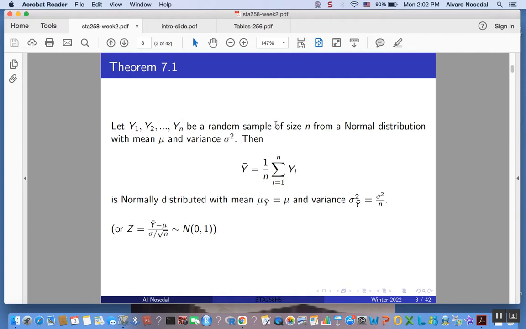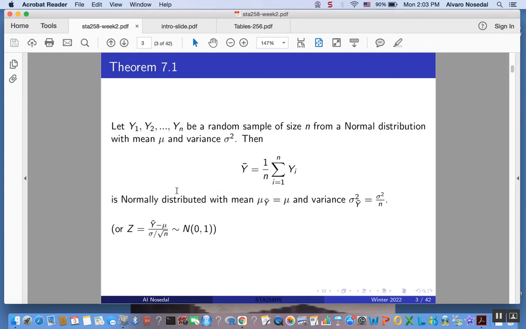That's what we mean by a random sample. Now we use them to form a transformation, to form this quantity, the sample mean, y bar. And it's just the sum of the yi's divided by n.